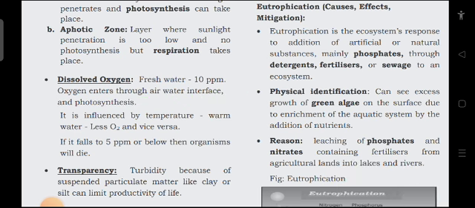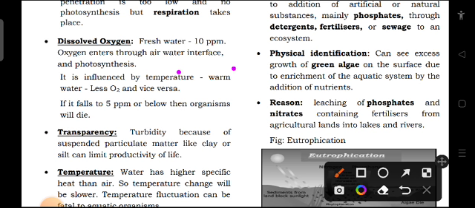It's influenced by temperature. In warm water we will have less oxygen, and if the water becomes cooler, then there will be more oxygen. If it falls to 5 ppm or below, then organisms will die.